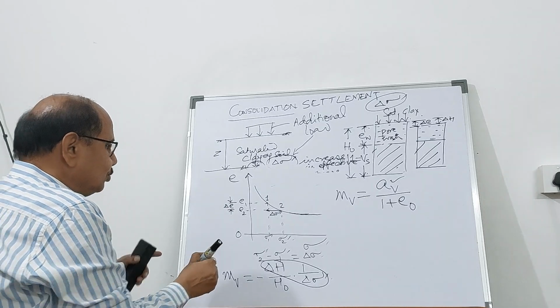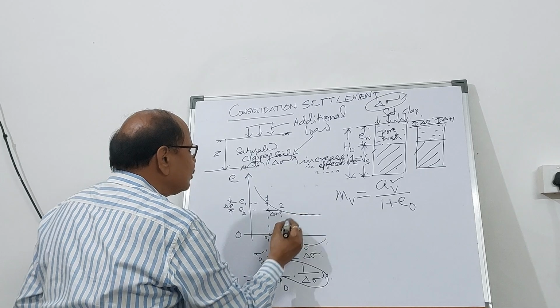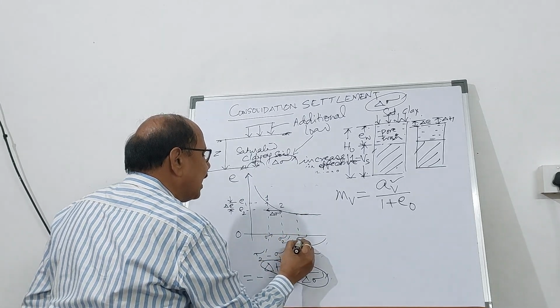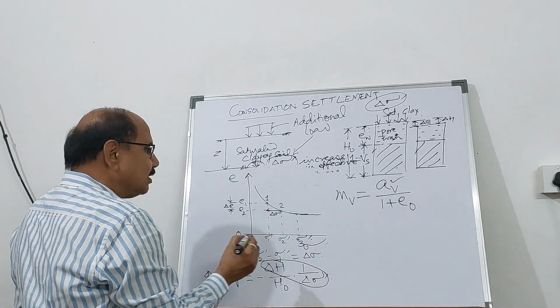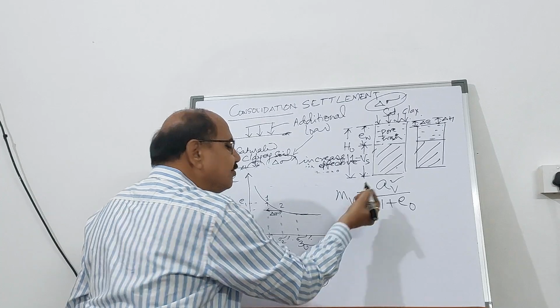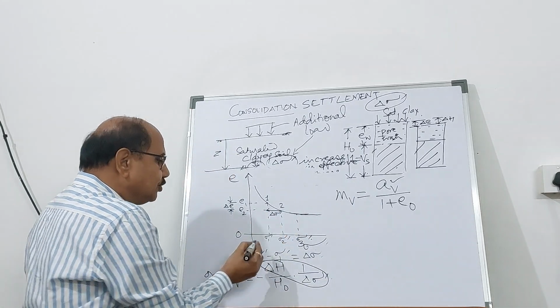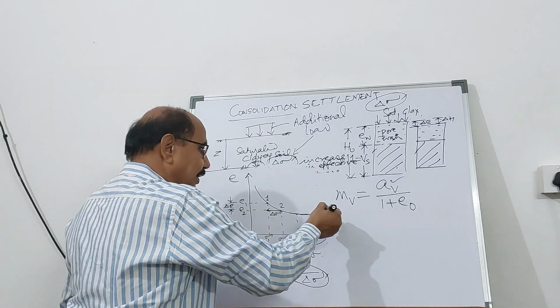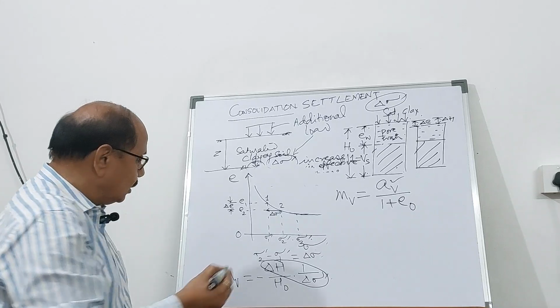But you see, it is for a particular pressure range. As the pressure range changes from sigma 2 to sigma 3 prime, between sigma 2 and sigma 3 prime the values of both AV and MV will change. So it is specific to the pressure range. For sigma 1 to sigma 2 prime, the values of AV and MV are going to be different.